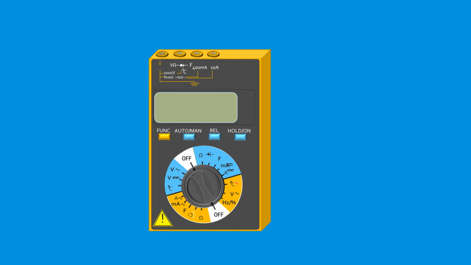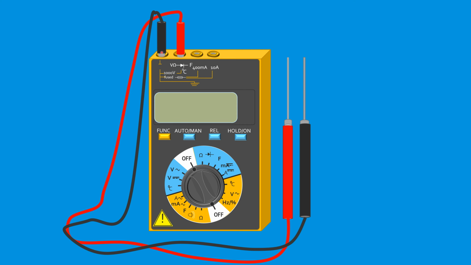These are ports. The first one is common. These are leads. One end of the black lead will remain in the common port, and is considered negative.